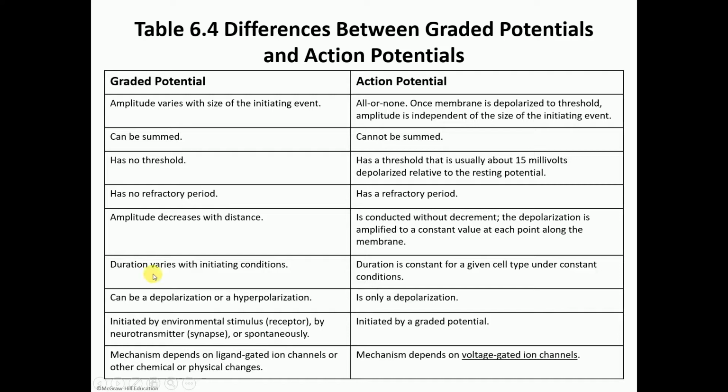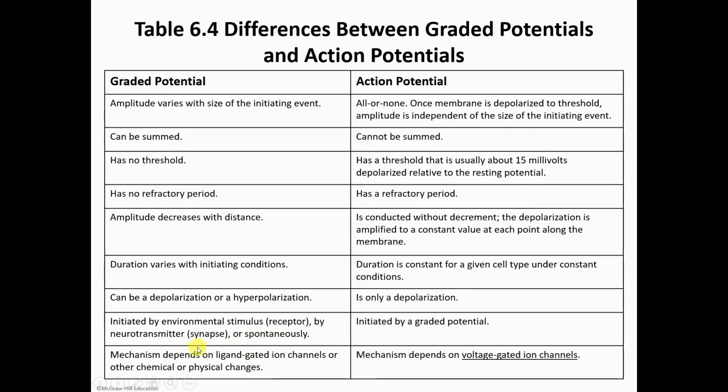The duration is going to vary depending on the stimulus. Okay, so a stronger stimulus will lead to a longer graded potential. A graded potential can either excite or inhibit a nerve. The graded potential is a local change that can happen either at the level of a receptor or at the level of a synapse or spontaneously, for example, in the pacemakers.